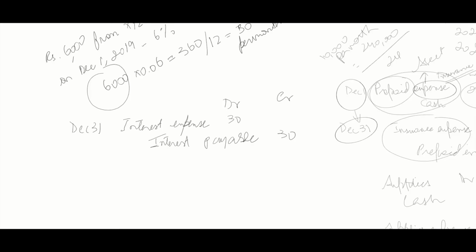So we have made an adjusting entry for an accrued expense. Why is it an adjusting entry? Because one accounting period has ended and we are adjusting an interest expense against the interest which is actually due in the second accounting period.